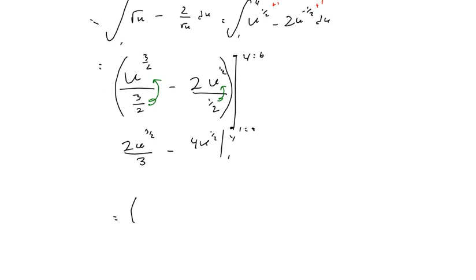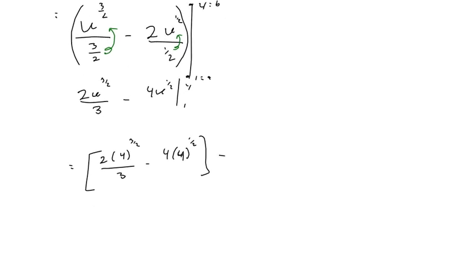So when we plug this in, we plug in the 4 first. We have 2 times 4 to the 3 halves over 3 minus 4 times 4 to the 1 half, minus, so I plug in the 4.